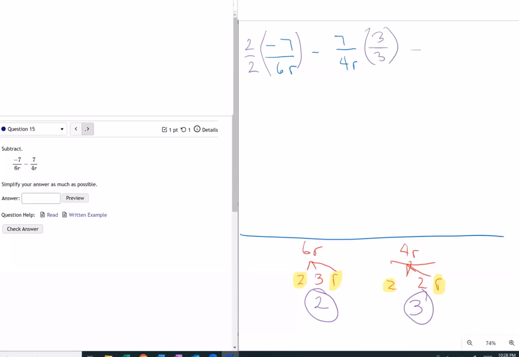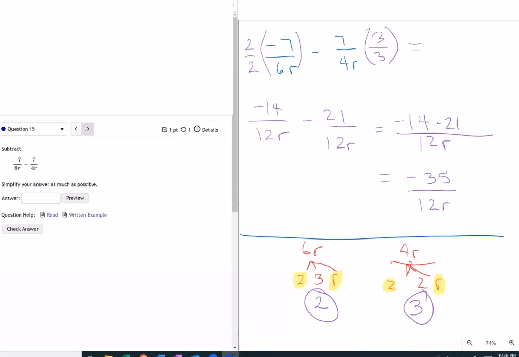Now I get minus 14 divided by 12r minus 21 divided by 12r, which is equal to, I have a common denominator. This is minus 14 minus 21, which equals negative 35 divided by 12r. Well, we have to check again.